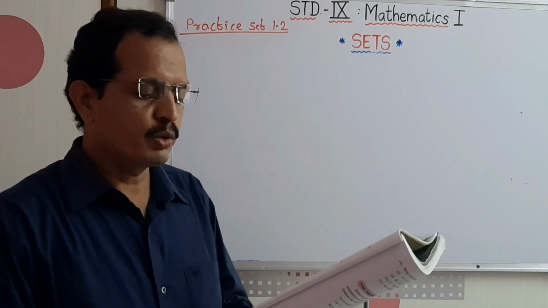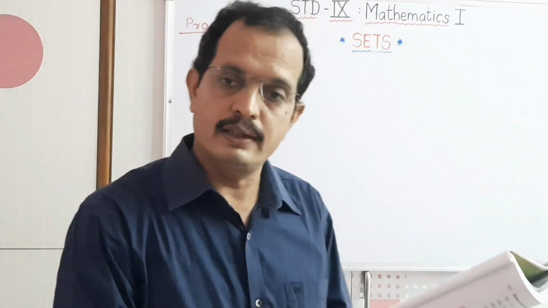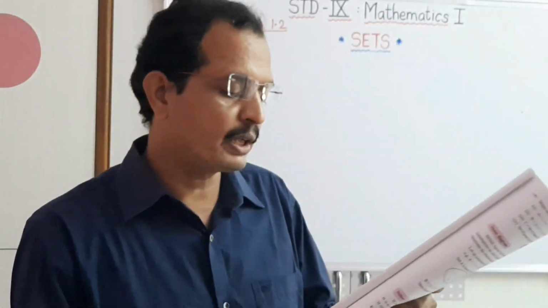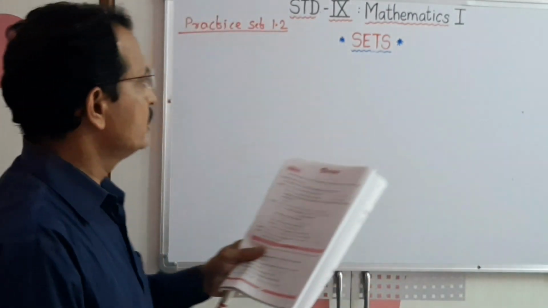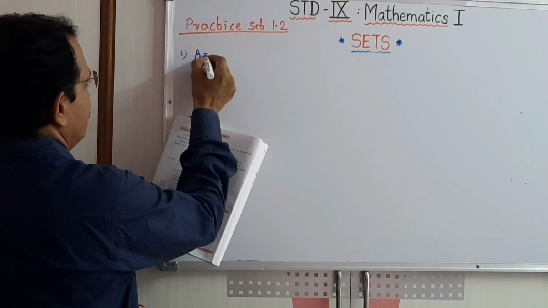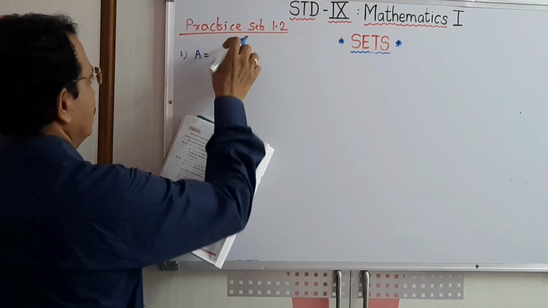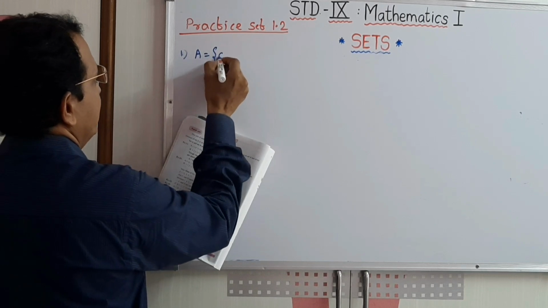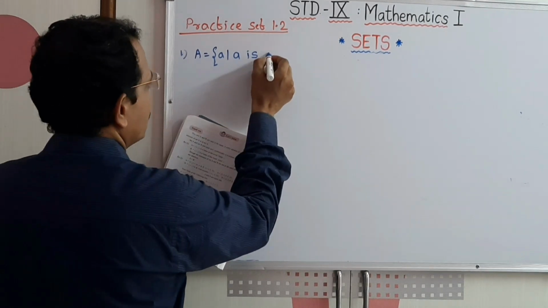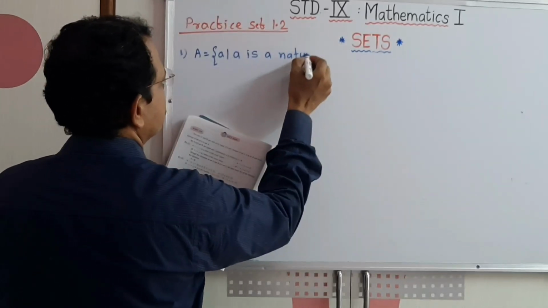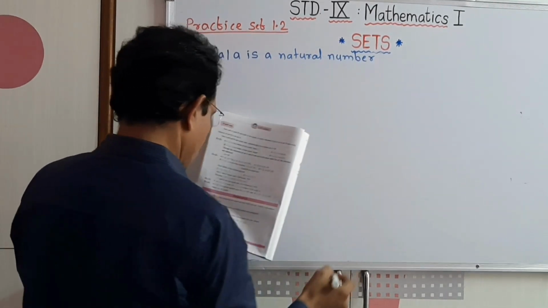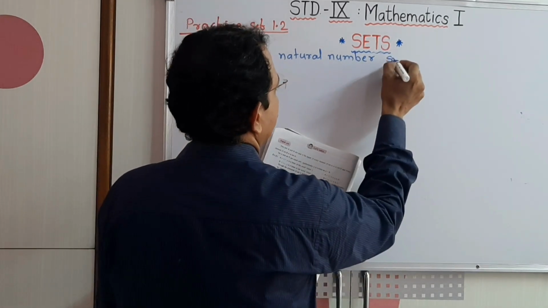Third one, which of the following are empty sets and why? 3 sets are given and we have to decide out of that 3 which is an empty set. See the first one. A is a set of A such that A is a natural number smaller than 0.